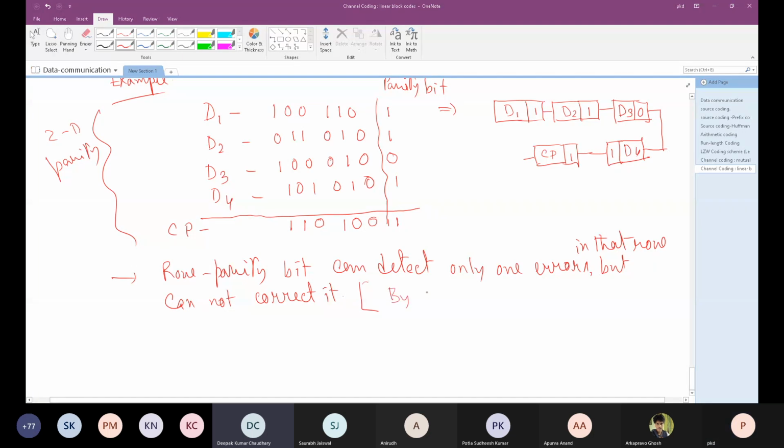Excuse me, sir. So here, even if there are any odd number of errors, we would be able to point out that there's an error, right? Yes. If there are 2 transitions, then we won't be able to, like here is 0, here is 0, we won't be able to say whether there is any error or not.